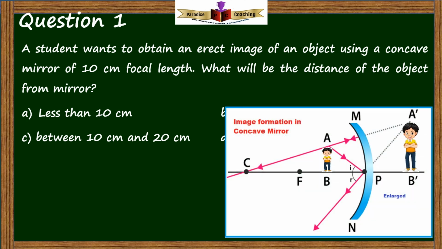Recall, a concave mirror is a converging mirror. It produces a virtual image when an object is between the focus and the pole of the mirror.